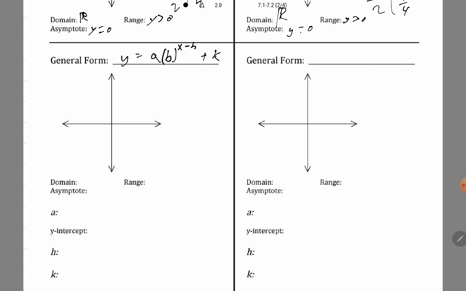So a stretches, h moves it left or right. So we use the opposite, remember, of whatever our h is. Use the opposite sign. k moves it up or down.